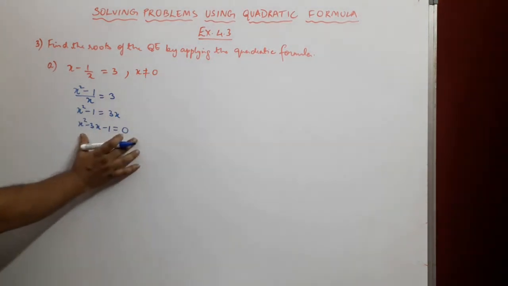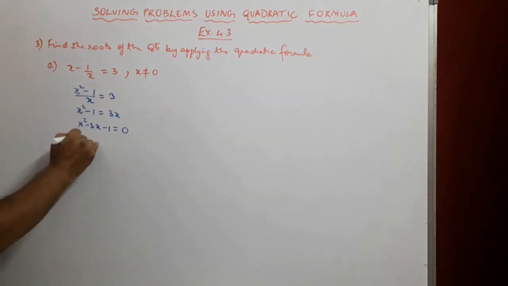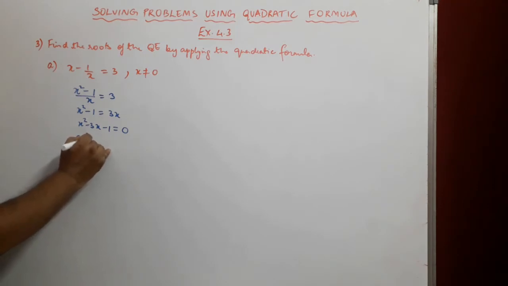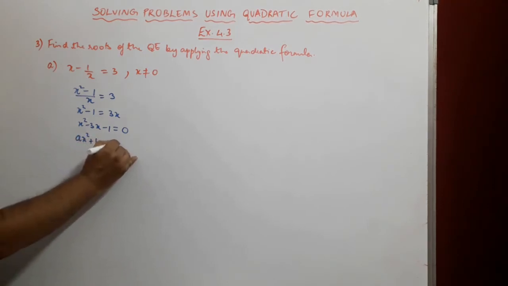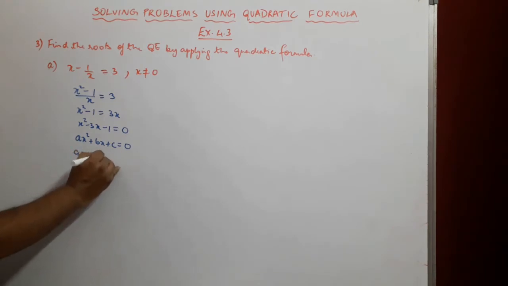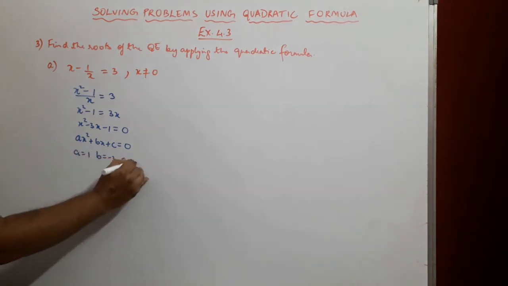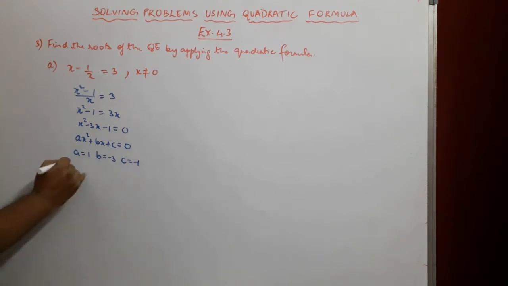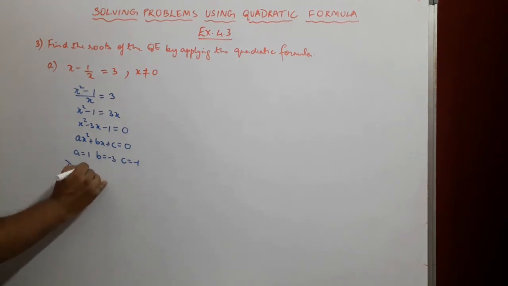Now this is in the quadratic equation form. If we compare it with our general form ax square plus bx plus c equal to 0, we get a equal to 1, b equal to minus 3 and c equal to minus 1. First we find the discriminant, to see whether it is equal to or greater than 0.